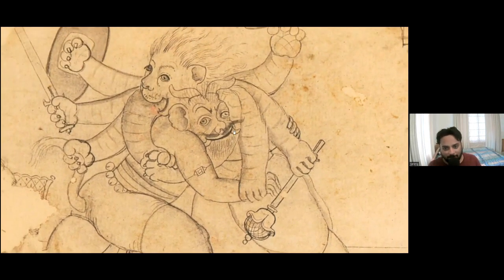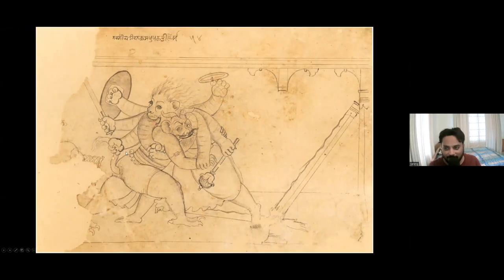And this is the face when you realize you messed up, and this is the smile you make when you have your enemy by the tail. A beautiful painting. This is from Basoli, attributed to the painter Manuku of Guler. And Nrsimha, as we know, emerged out of the pillar. So here's the broken pillar right here. Wonderful sketch.